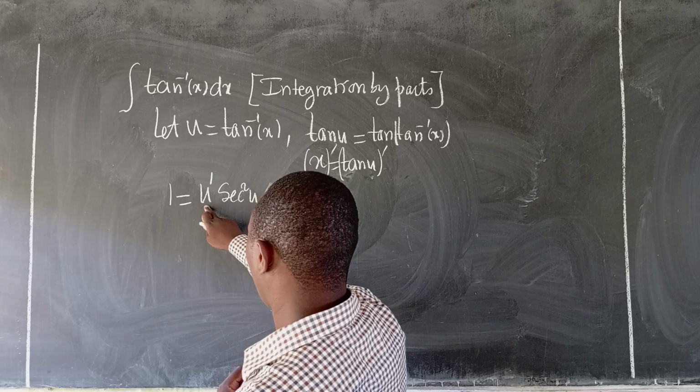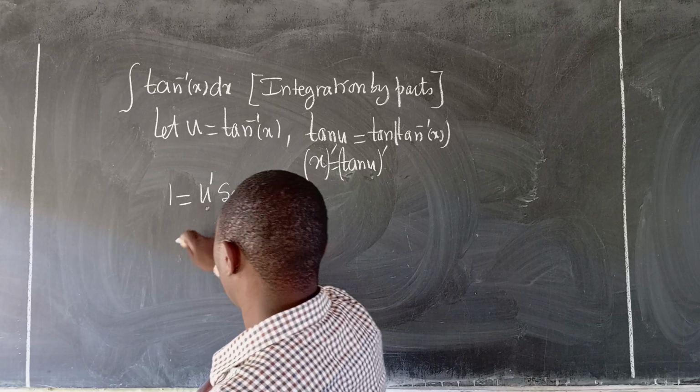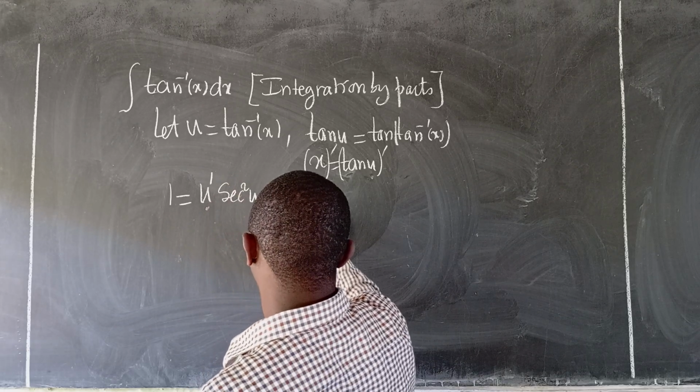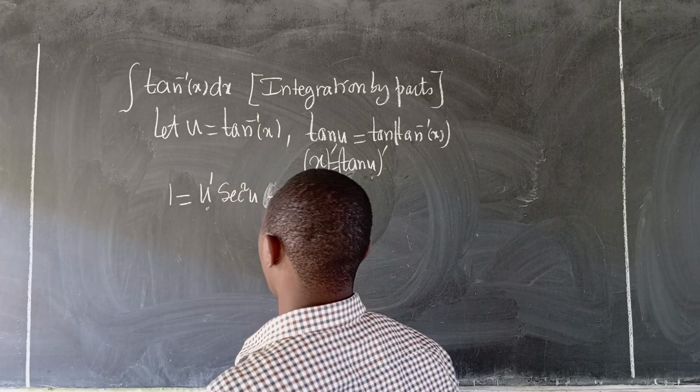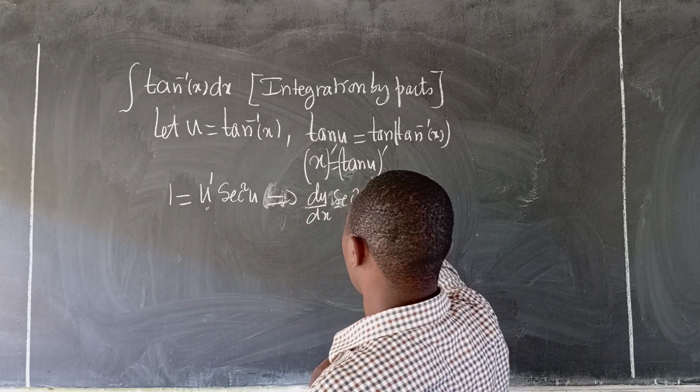Remember our u derivative: this is the same as writing du over dx times sec squared u.